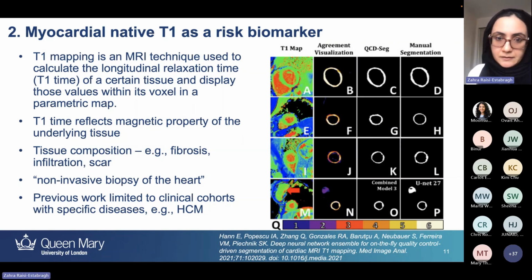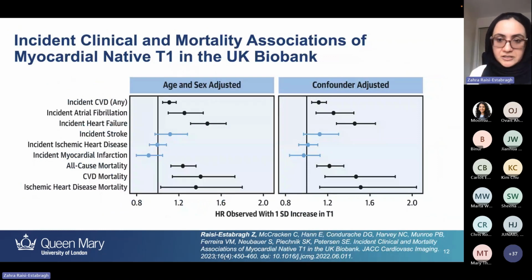I'm not going to go through the entire paper here, but I'd just like to share with you the main findings. These are our results looking at the relationship between native T1 and incident cardiovascular diseases and mortality outcomes. In this figure, you can see results from Cox regression models, from models that have native T1 set as the exposure of interest, and the outcomes listed on the left-hand side set as the model outcomes.